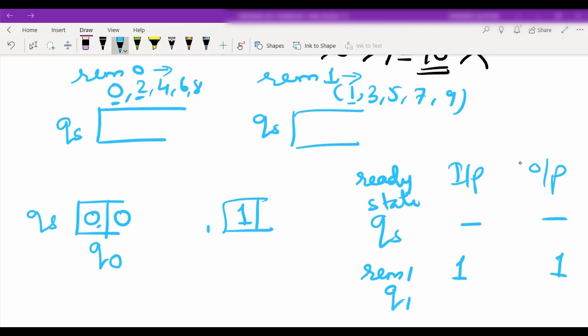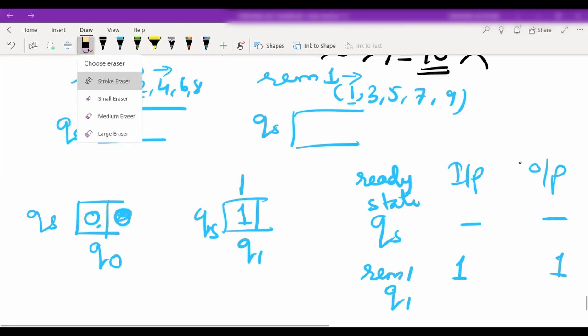So the number 1 is generating the remainder 1 and going to the resultant state Q1. And what was the Q0 state that we had considered?